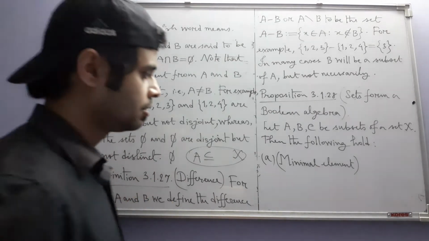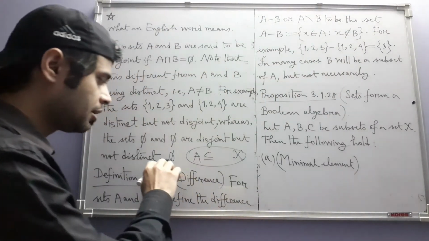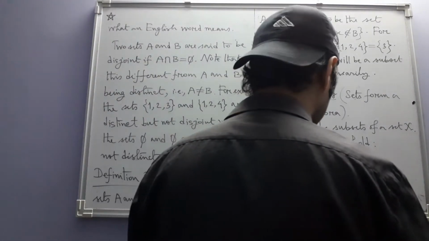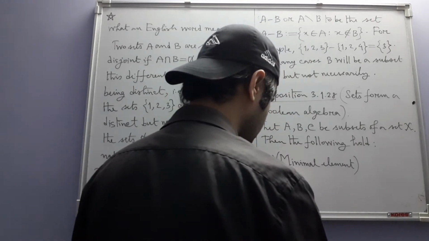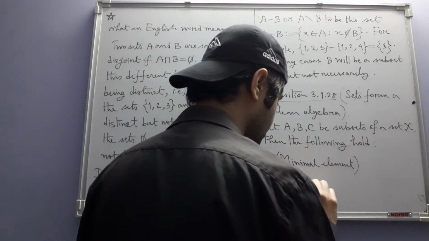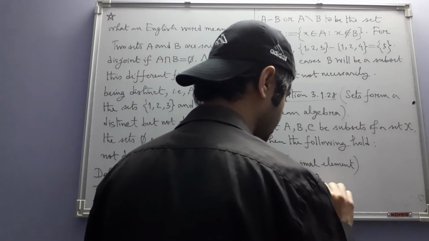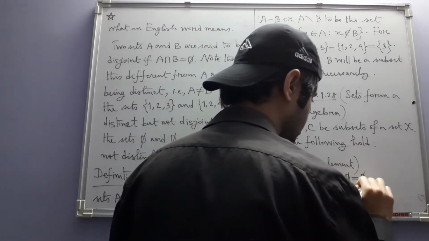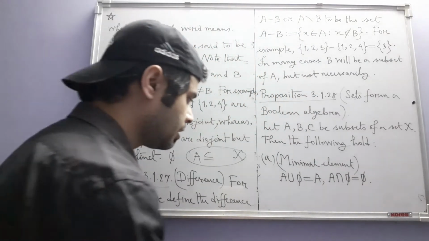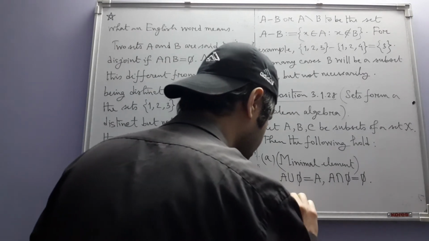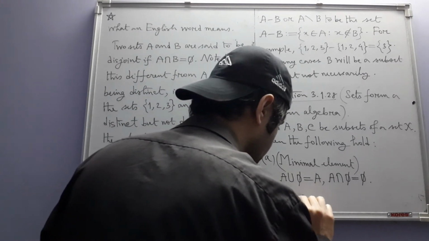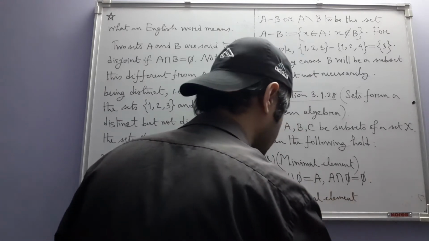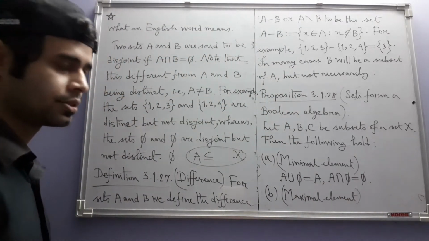So how the minimal element behaves with respect to union and intersection. We already know: A union the empty set equals A. A intersection the empty set equals the empty set. Like that, we can see how the maximal element behaves with respect to union and intersection.